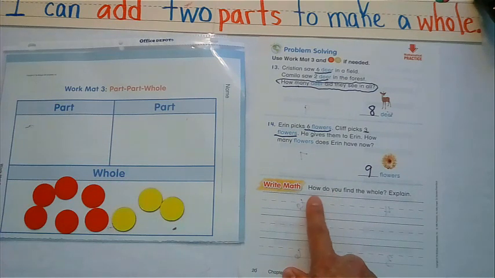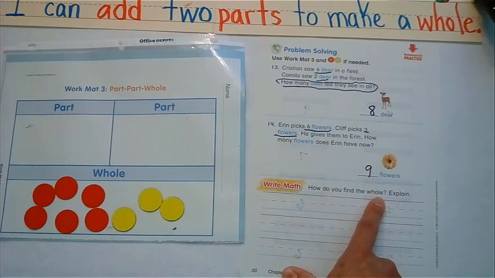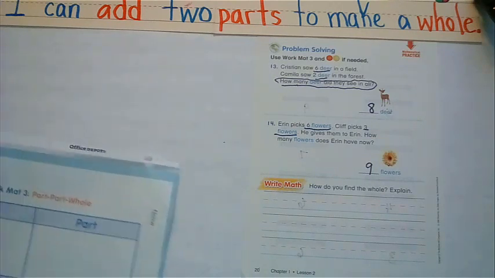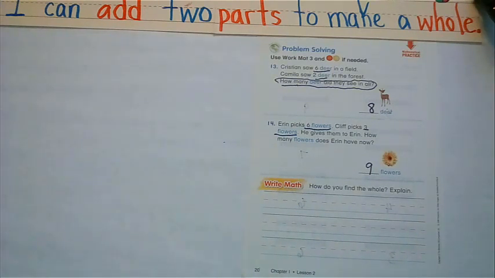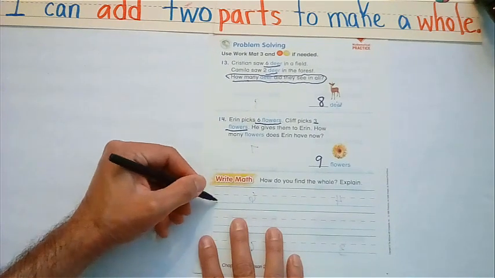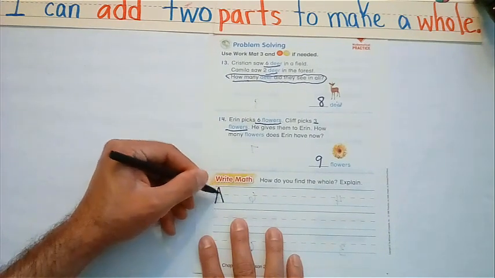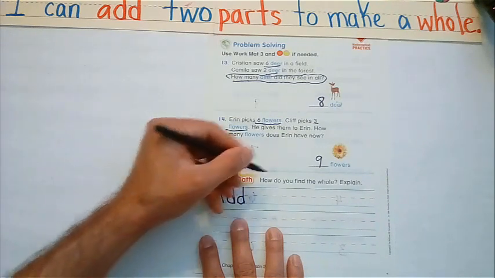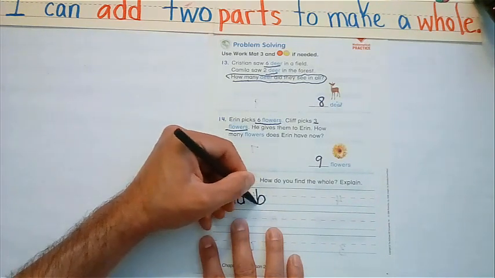Now, let's read this bottom part. And it says, how do you find the whole? Explain. So when we are looking for the whole, how do you find that? Well, I say that you can add both parts together, right?